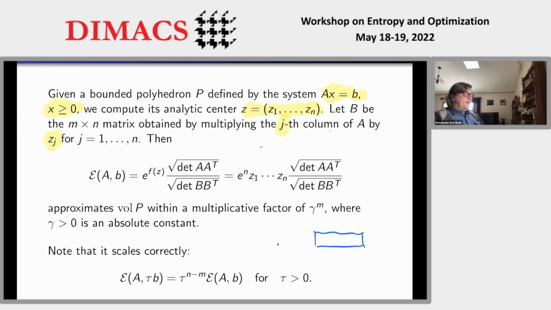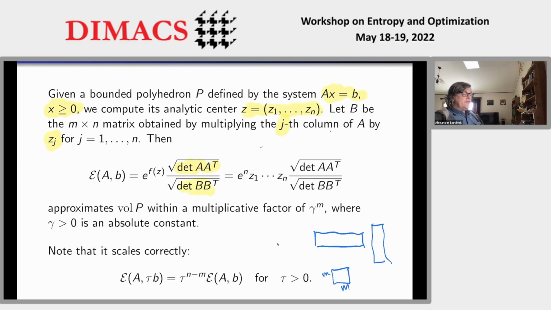Then we compute two determinants. One is A times A transpose, which would be an m by m matrix. And the other is the same for the scaled matrix A, that is, for matrix B.